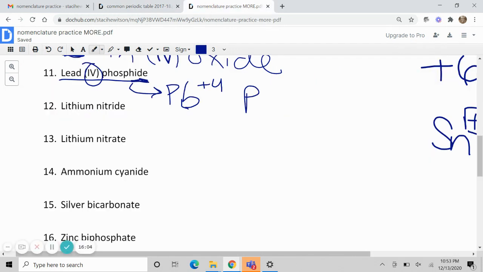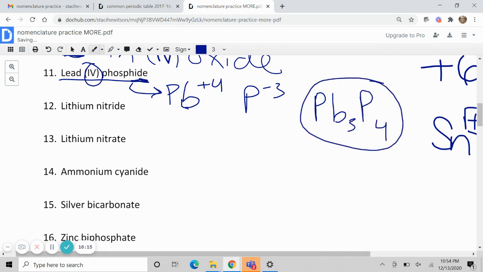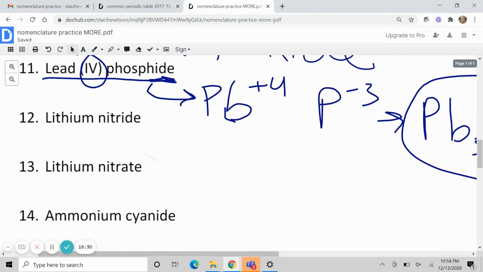So when I crisscross, it's just going to be Pb3P4. You crisscross those charges, and when you swap and drop, you don't put plus or minuses when they're subscripts. Just put the number. I'm going to zoom in more.